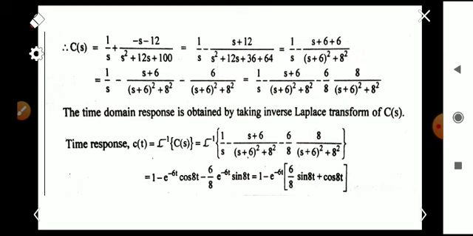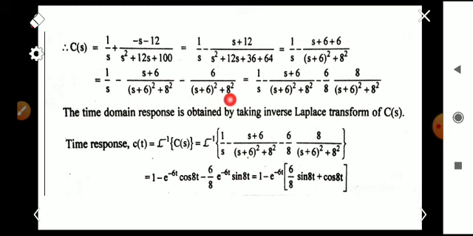Here we know that this is the form of a cos omega t, and this one will be something like a sin omega t. For cos, it is exactly correct, s by s square plus omega square, but here it is 6 by s plus 6 all square plus 8 square.